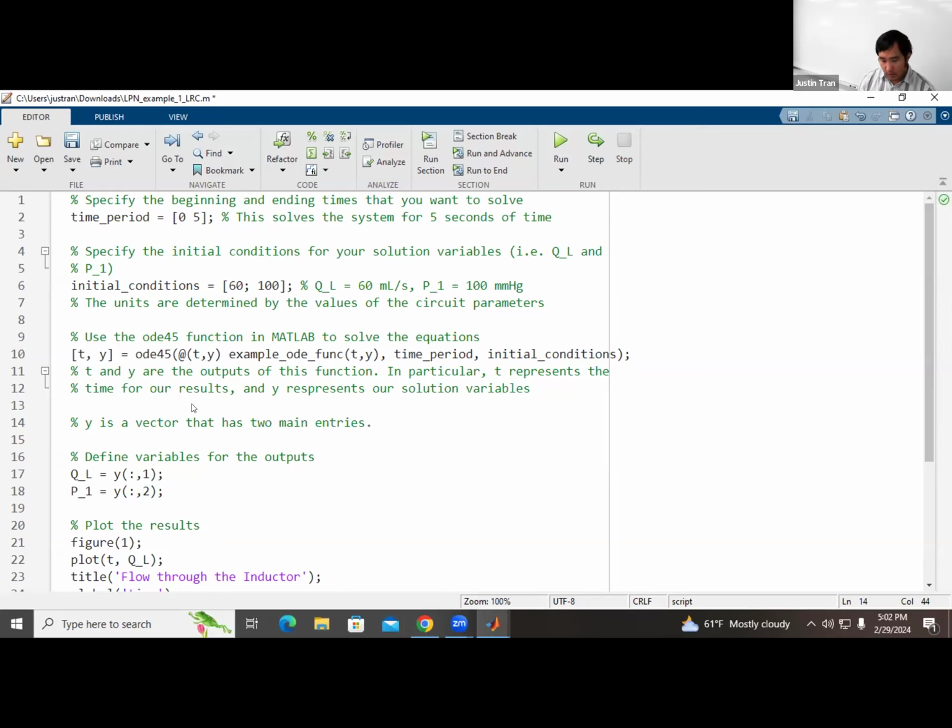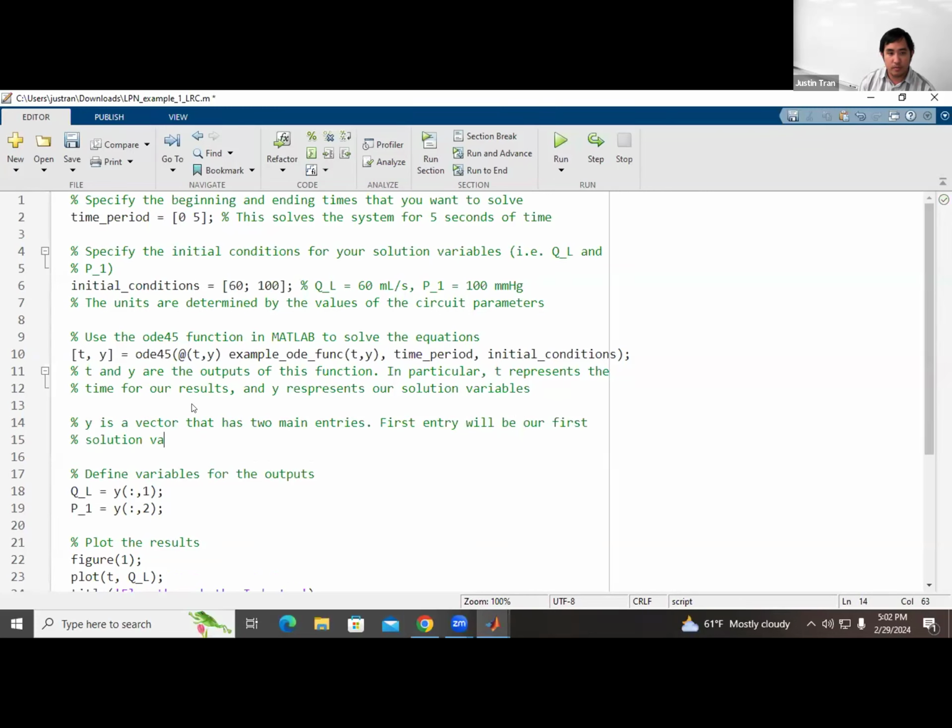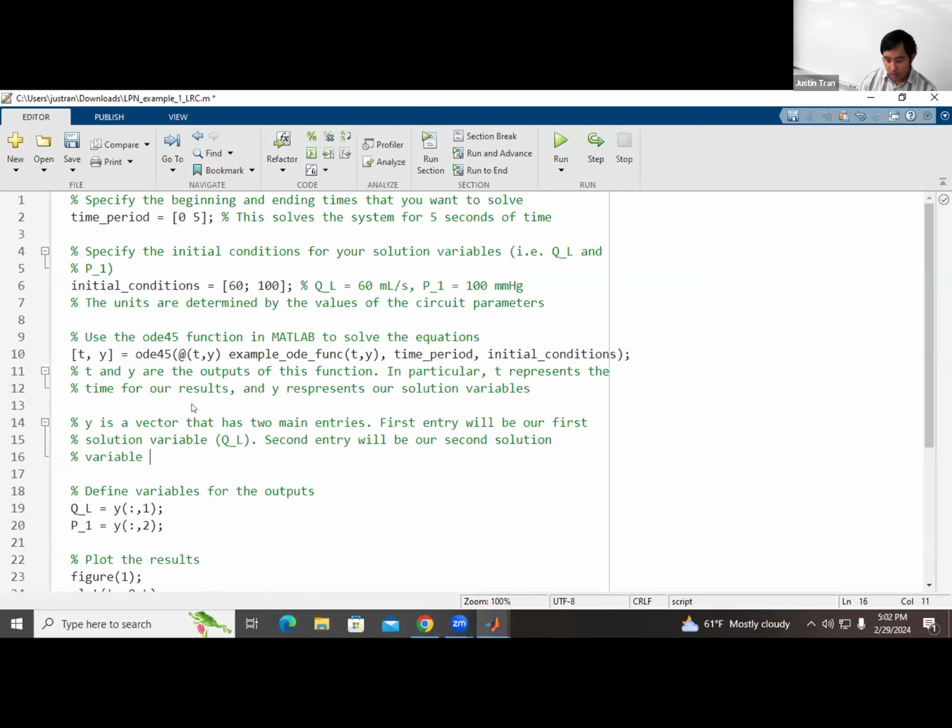The first entry will be our first solution variable, which in this case is Q_L. The second entry will be our second solution variable, which is P1, the pressure on the capacitor.